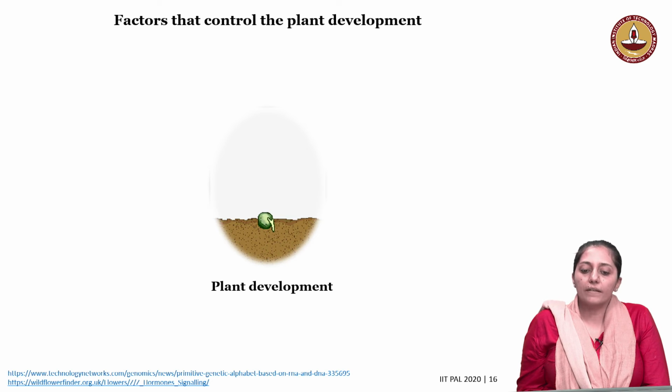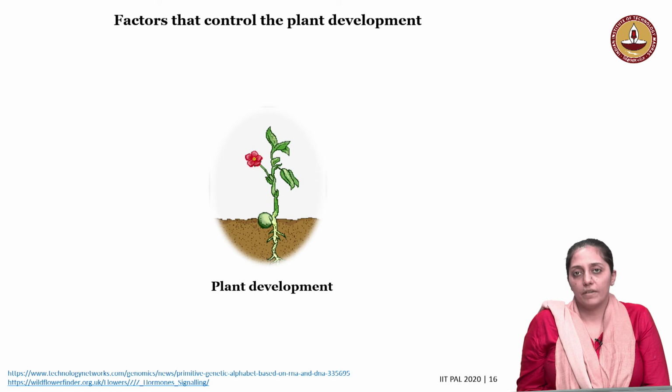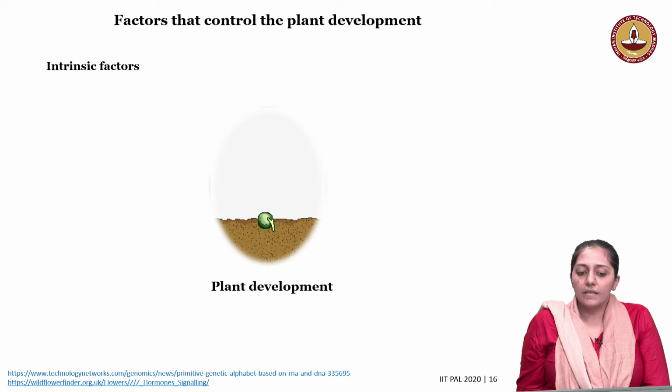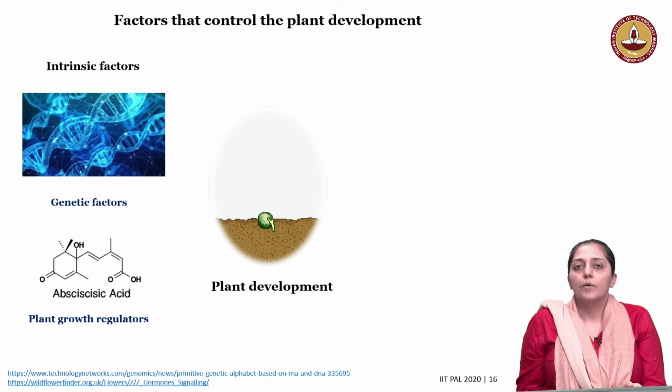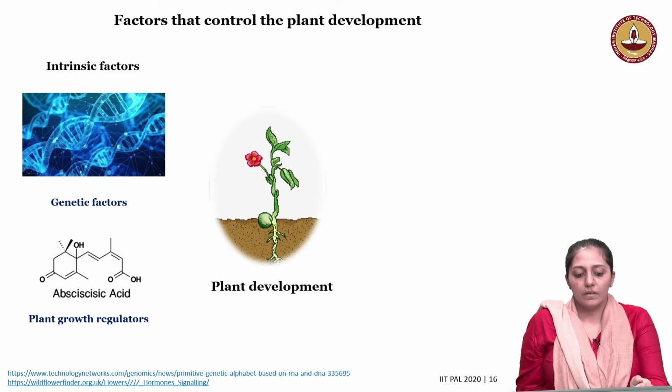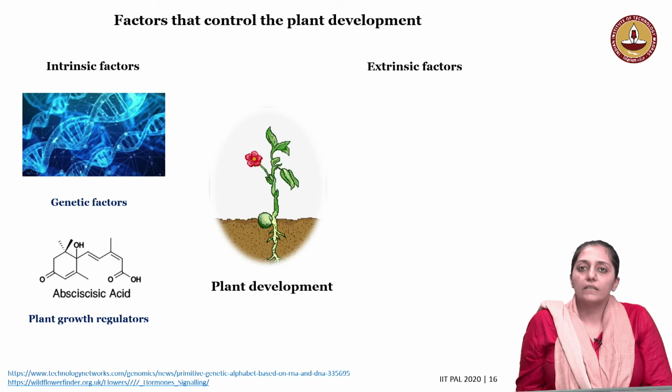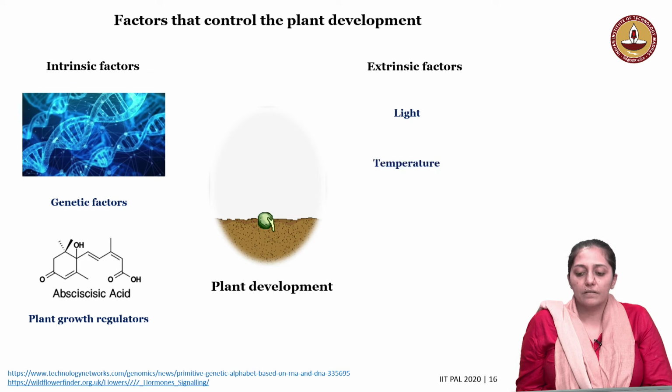Now let us see what are the factors that control plant development. There are intrinsic factors like the genetic makeup of the plant and the presence of certain components. Here abscisic acid is one of the plant growth regulators. Another is extrinsic factors, which include light, temperature, water, oxygen, nutrition.